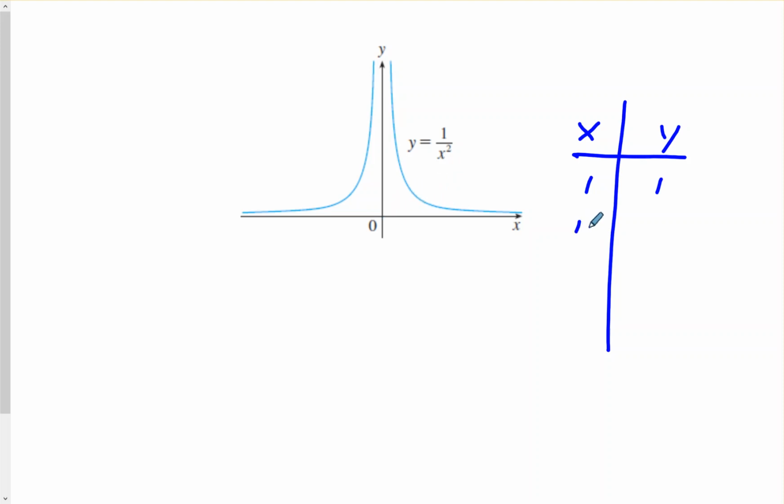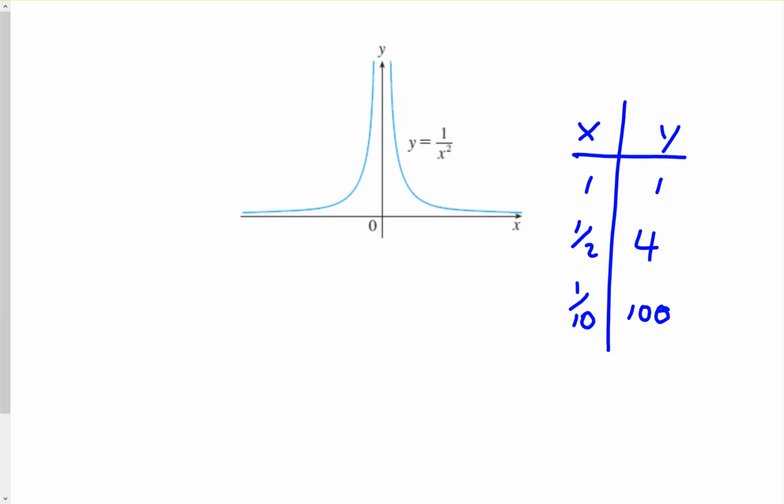If we plug in, let's say, a half, then we have 1 over a half squared. Half squared is 1/4, so 1 over 1/4 would be 4. If we did something closer, like 1/10, 1 over 1/10 squared: 1/10 squared is 1/100th, and 1 over 1/100th would be 100.